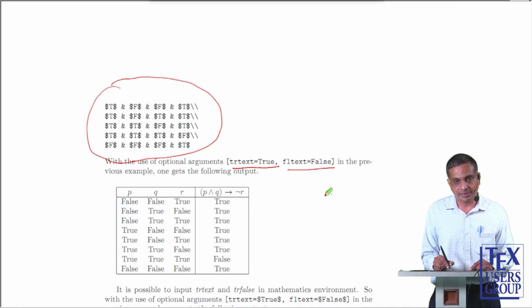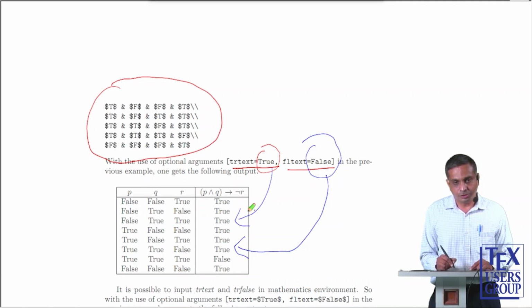So TR text is assigned value true here and FL text is assigned value false here. And this use of optional arguments results in this truth table.